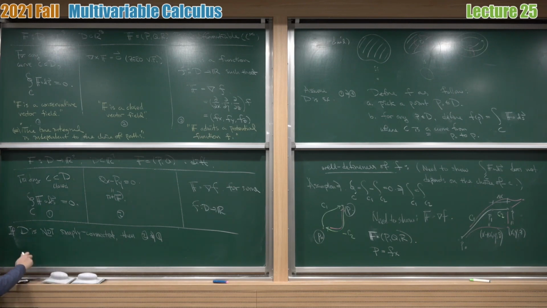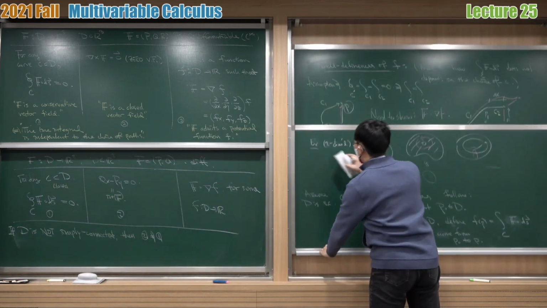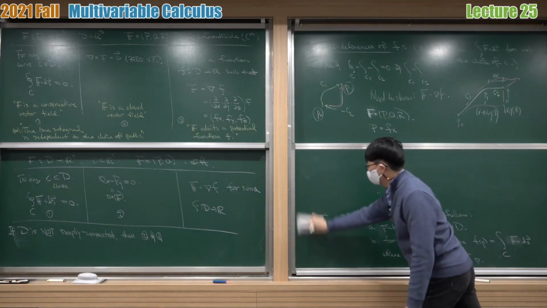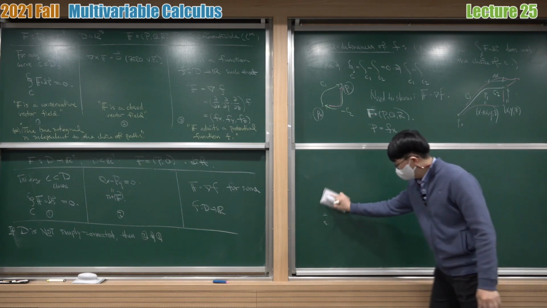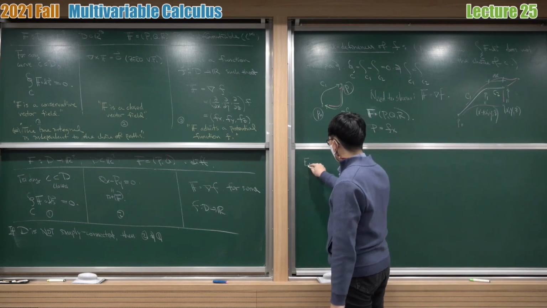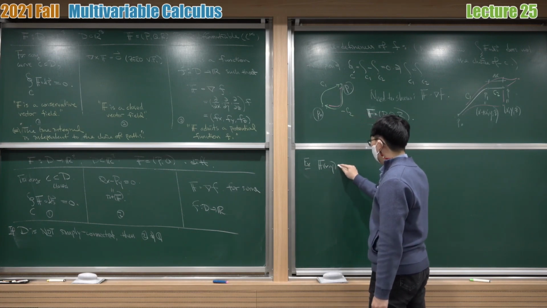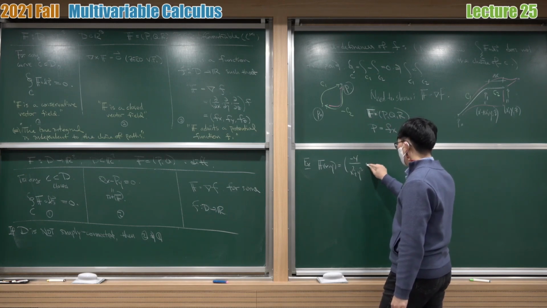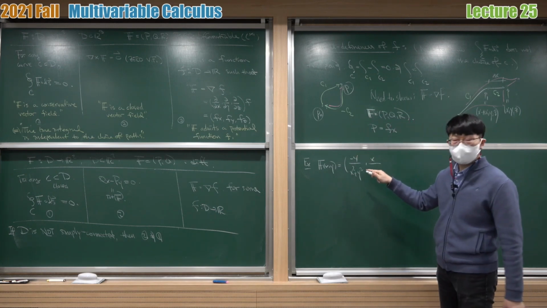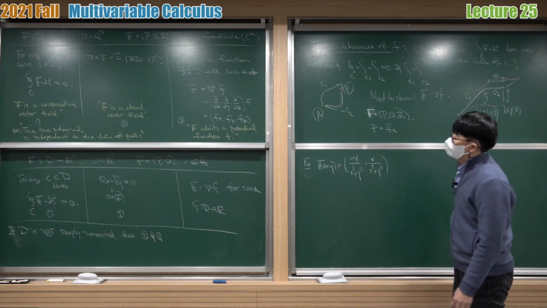So there's a counterexample. Let me write it there. Let's say my vector field is given by (-y/(x^2+y^2), x/(x^2+y^2)).